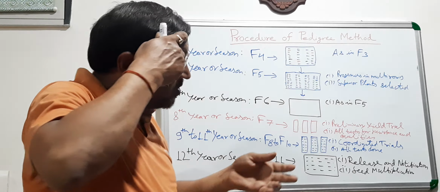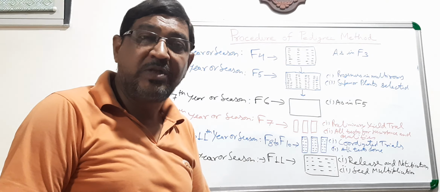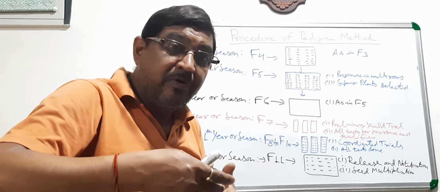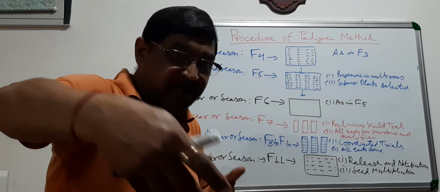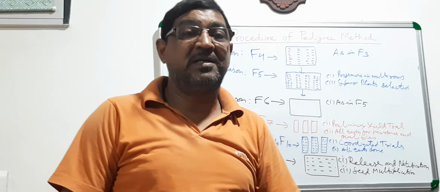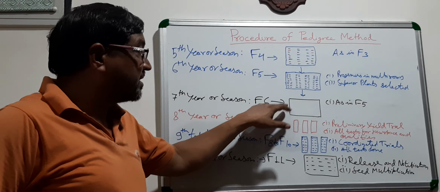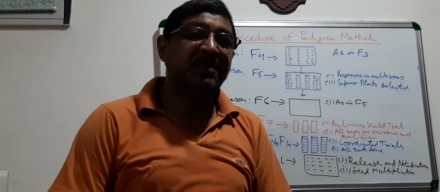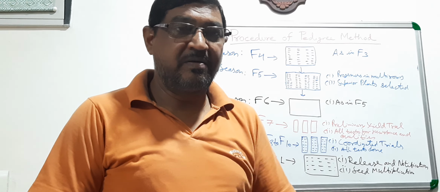Again you are going to grow as in F5 you have done. The number of variants in one progeny will be reducing in every advanced generation. So here you will be finding that in the progeny row of that plant, there will be few different plants.